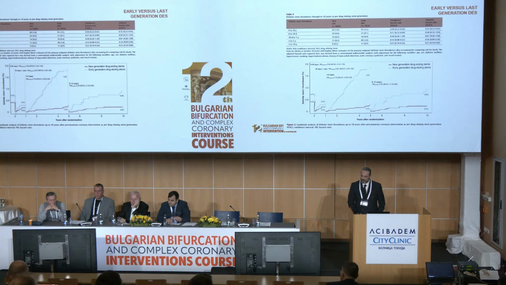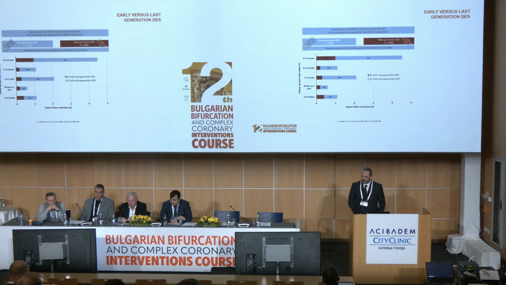And if we look at the years from the randomization, this continuing curve reaches, for the new DES, up to 10 years, a rate of 0.2 of definite stent thrombosis.